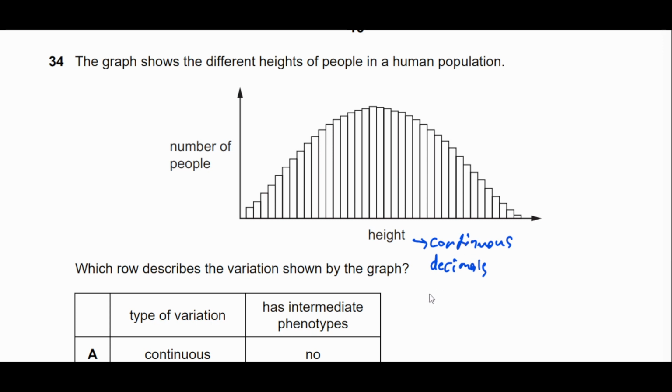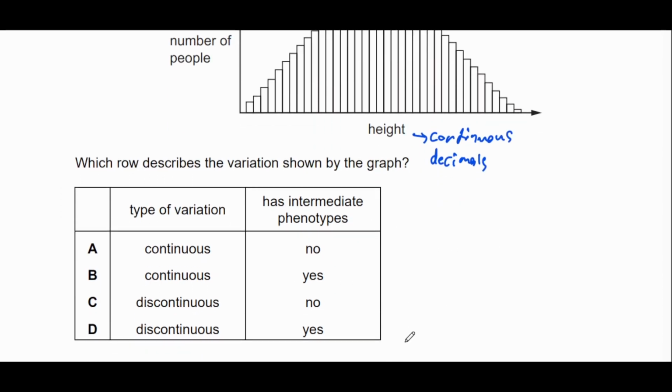It's not definite. Has intermediate phenotypes? Yes, because you can have 1.5 between 1 and 2, right? You can have 1 or 1.5 and then 1.7 and then 2, right? So it has intermediate phenotypes. The answer would be continuous, yes, B.